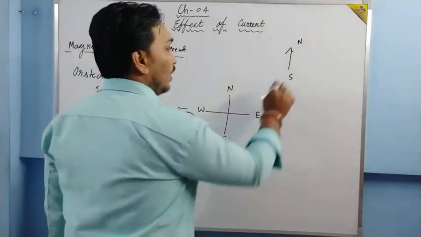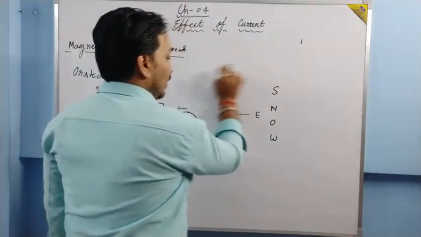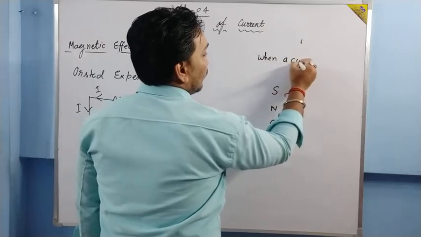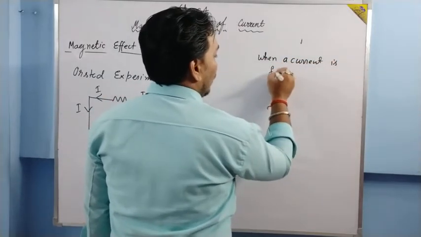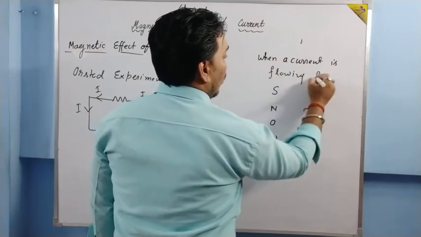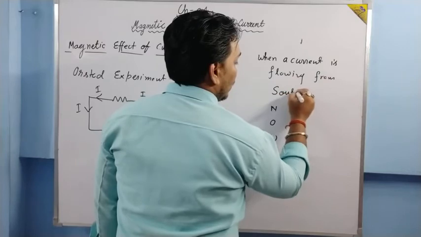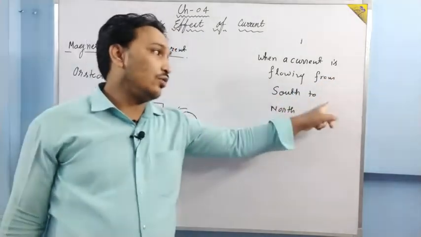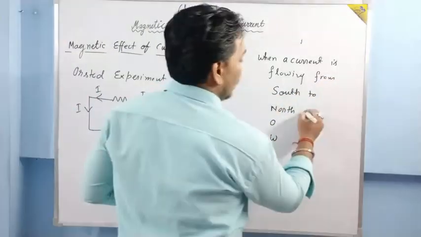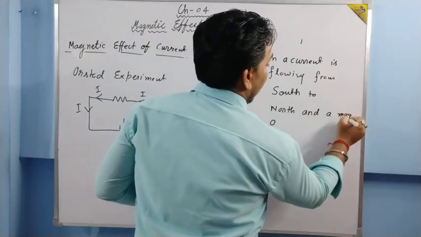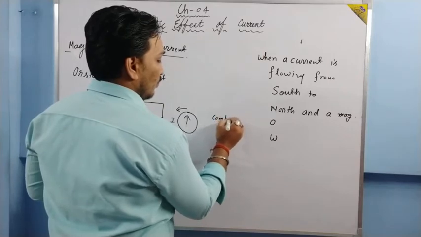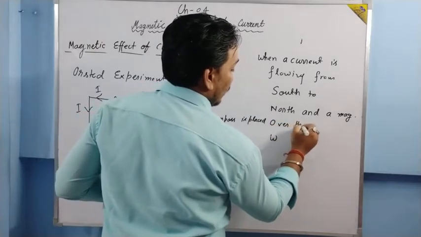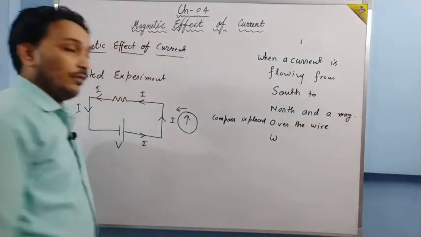The Snow rule says that when a current is flowing from south to north, and a magnetic compass is placed over the wire, then what we observe?